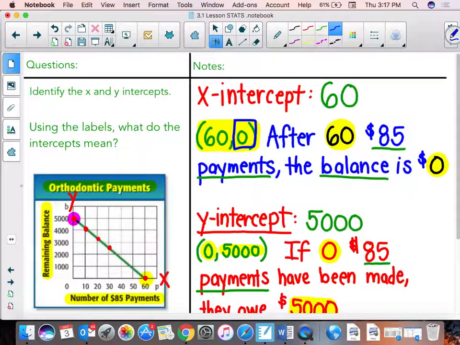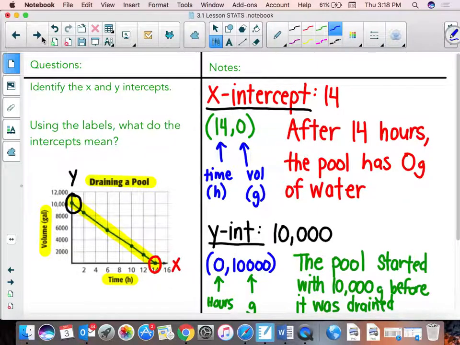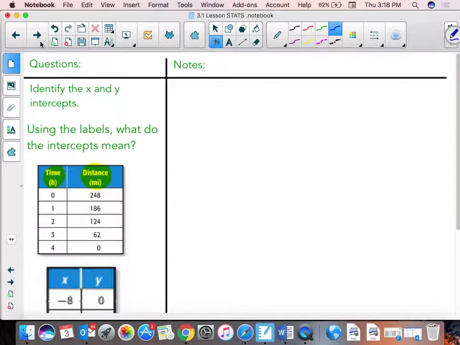Our x-intercept is always when y is 0. Look here, the next one, our x-intercept was when y was 0. So I am going to look for where y is 0, and then that number is my x-intercept.